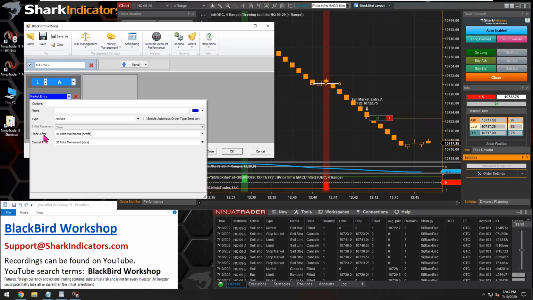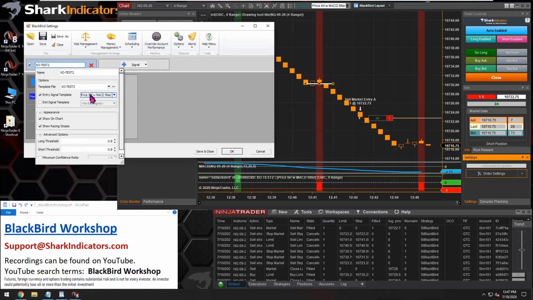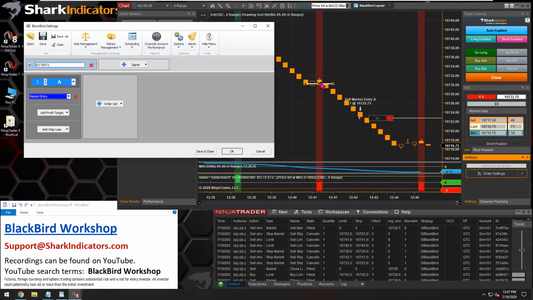Another purpose that you could use the place after for is, say you have bloodhound signals, right? You're using bloodhound signals, but you want to apply a secondary condition to the bloodhound signal, so to speak, before actually taking the trade. Your bloodhound signals are giving you signals, but you don't always want to take that trade.